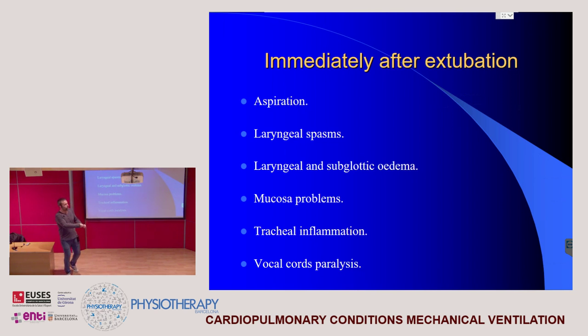In fact, when we remove the tube, very commonly we hear the typical sound called stridor, when the patient is breathing like that. It means there is a reduction of the diameter of the airways because of the inflammation. And if that inflammation is very important, it could be a dangerous state.